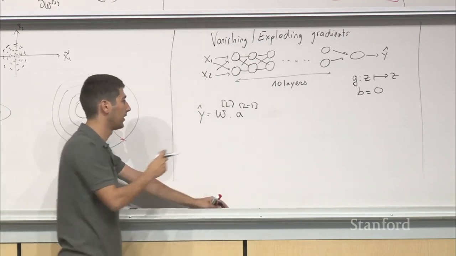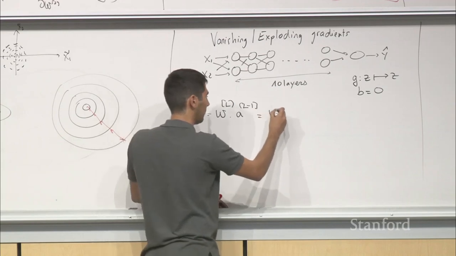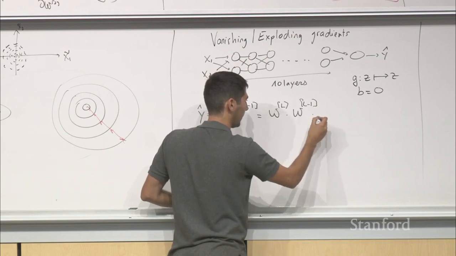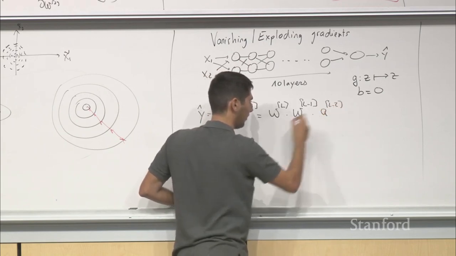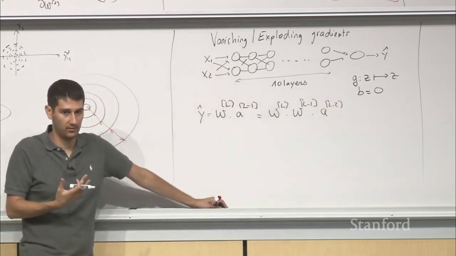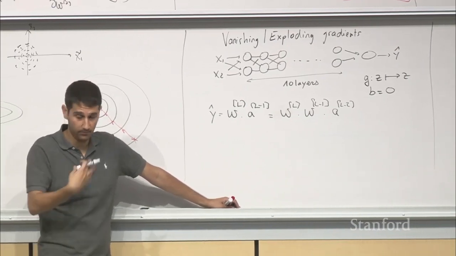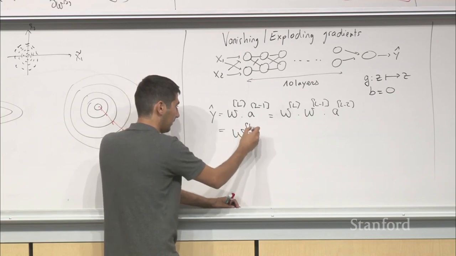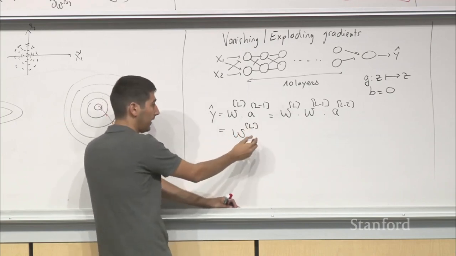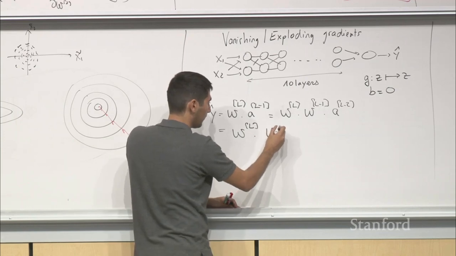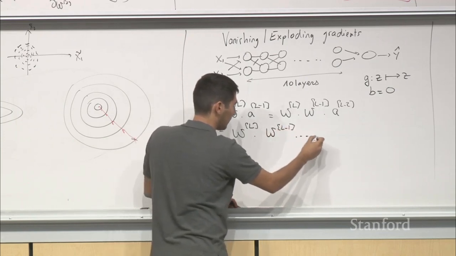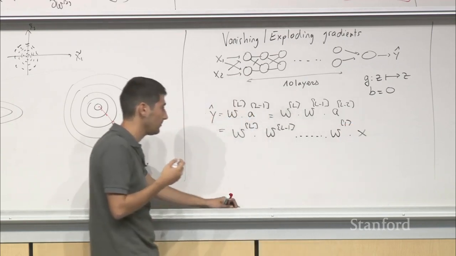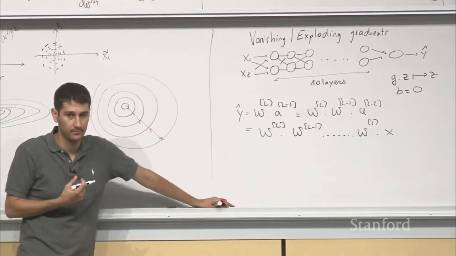W^[L] times a^[L-1]. You know that a^[L-1] is W^[L-1] times a^[L-2], because the activation is an identity function, and so on. You can go back, and you will get that y hat equals W^[L] times W^[L-1] times and so on, times W^[1] times X. You get something like that.